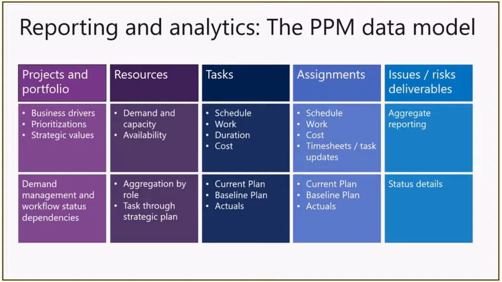So the things that are more big picture, driving what the organization is attempting to accomplish, and what kinds of things are going on around how do you prioritize, how do you manage, how do you make sure that you have what you need to get those things accomplished. Then from a resource perspective, you're looking much more at do you have the capacity, do you have the ability to fulfill on the projects that are going on in your organization.